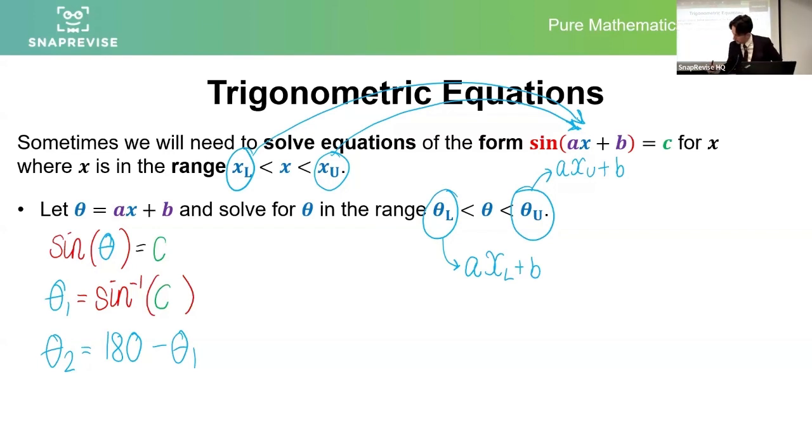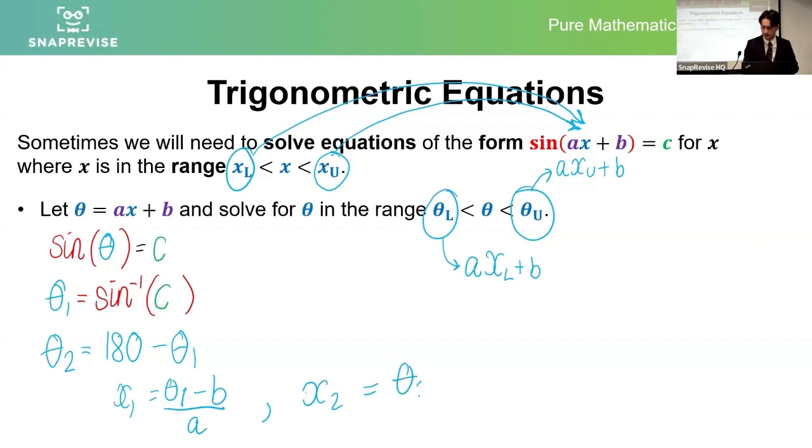And then when you've found your 2 answers, do that transformation in reverse to both of them. So for your final x1 and x2, take your answer theta 1, minus b from it and divide by a. And likewise, take your theta 2, minus b from it and divide by a. There could be other values, but in that range, we find them all and then do the transformation back right at the end.